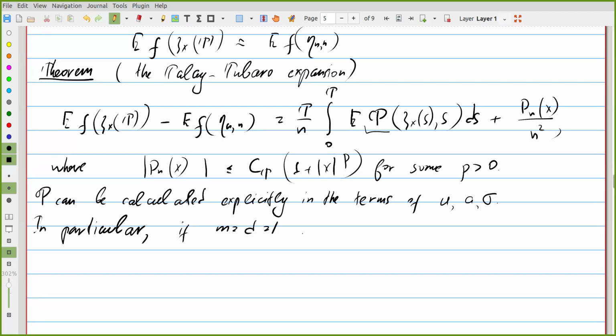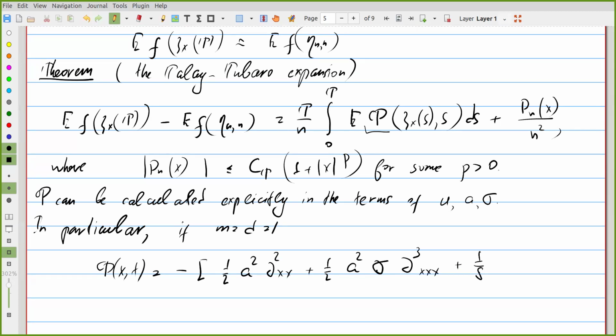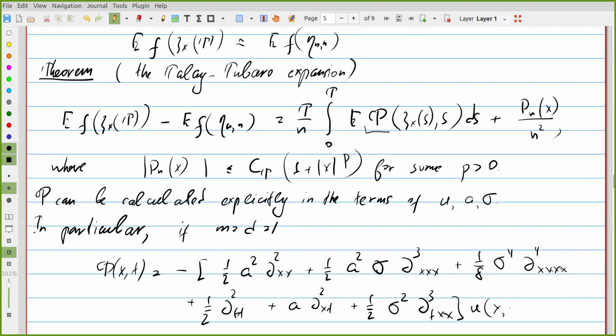If everything is one-dimensional, this function is actually minus 1/2 a squared, this plus 1/2 a squared σ, xxx plus 1/8 σ^4 ∂^4/∂x^4 plus 1/2 second derivative with respect to time plus a mixed derivative plus 1/2 σ squared, again mixed derivative. And this operator is applied to u.